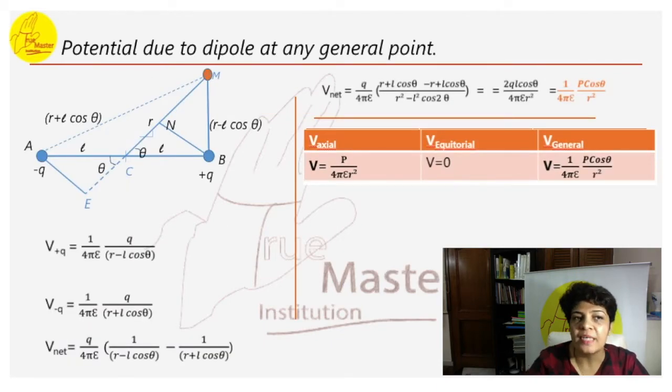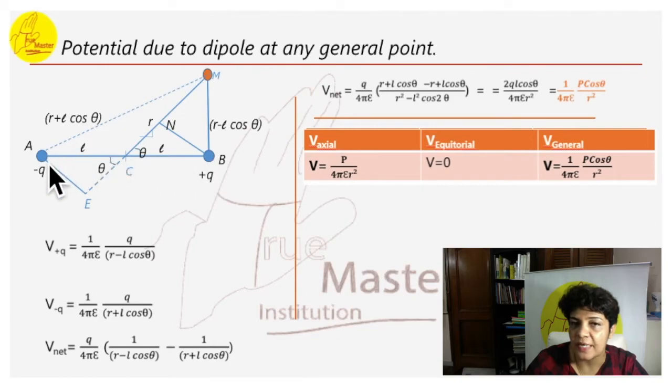Potential due to a dipole at any general point, shown in the orange color in the picture here. This is the point where we have kept a general test charge, and this is the dipole, minus q and plus q. The picture also shows the distance is 2L.